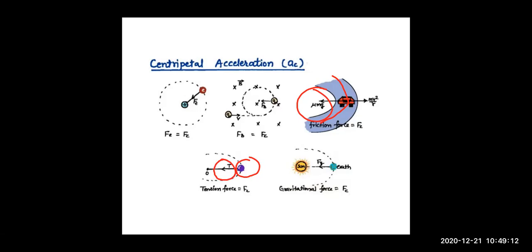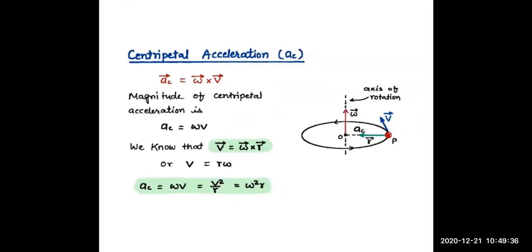And talking about the motion of earth around the sun, it is almost a circular motion, right? So here the gravitational force of the sun is responsible for providing the centripetal force to the earth.